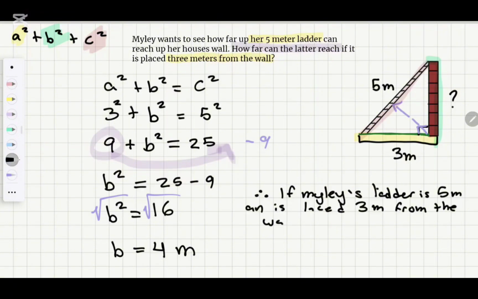If Miley's ladder is 5 meters and is placed 3 meters from the wall, it can reach up to 4 meters. All right, and that is how we solve that word equation.